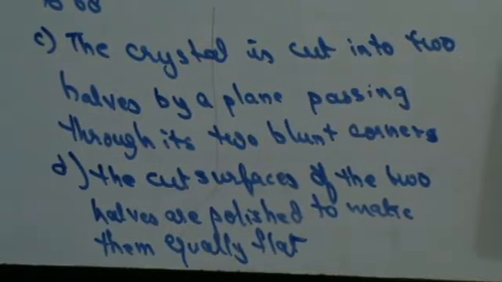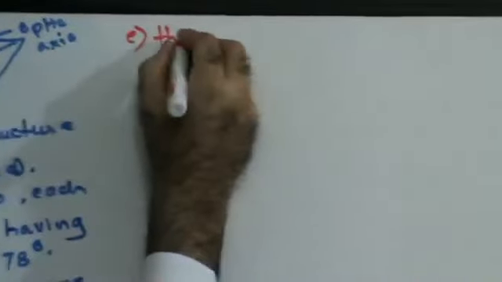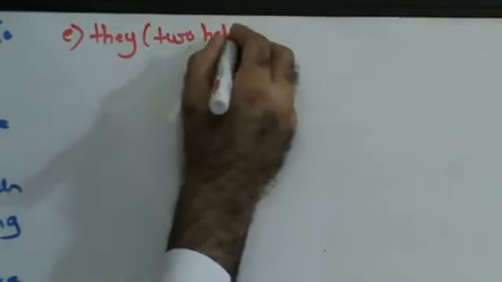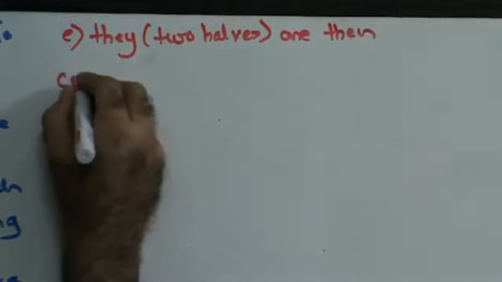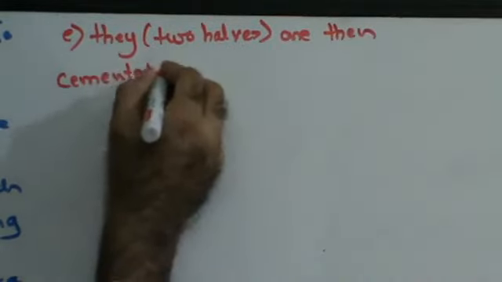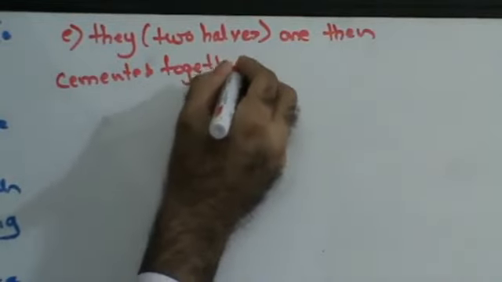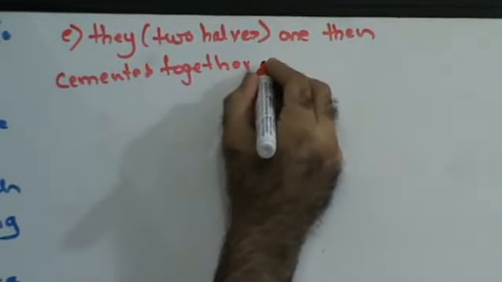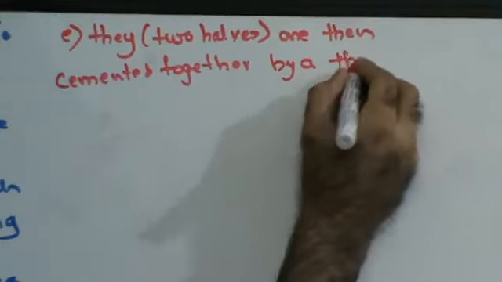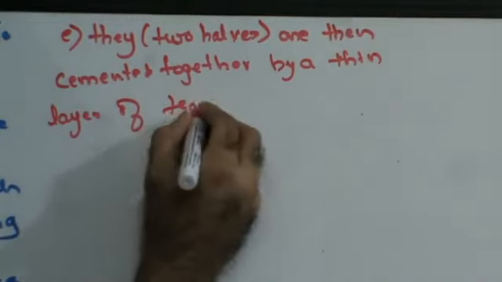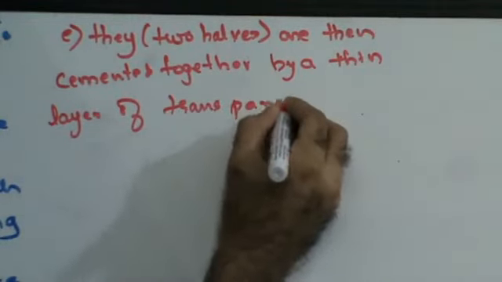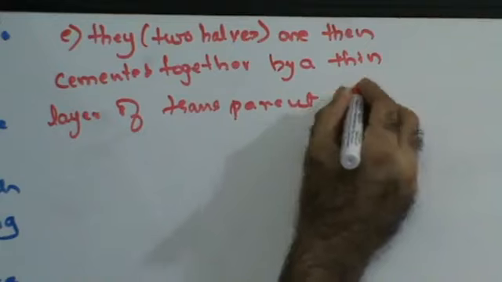They are then cemented together into the original. The two halves are cemented together by a thin layer of transparent adhesive.